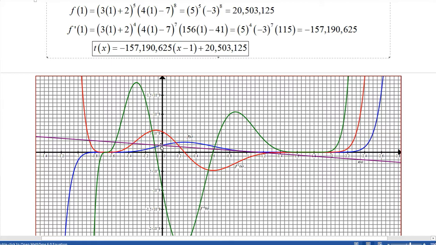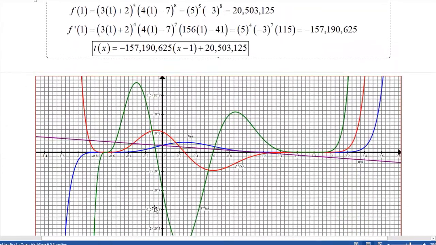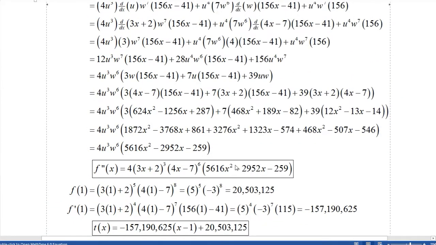Okay, and so from that point on to this point right here, at what was it, 41/156, we have the original function increasing, concave down. So the derivative is positive, but the second derivative is negative. Okay. Now, it stays concave down all the way over to here, where the second derivative is 0, that's the other x value that makes this quadratic function 0.